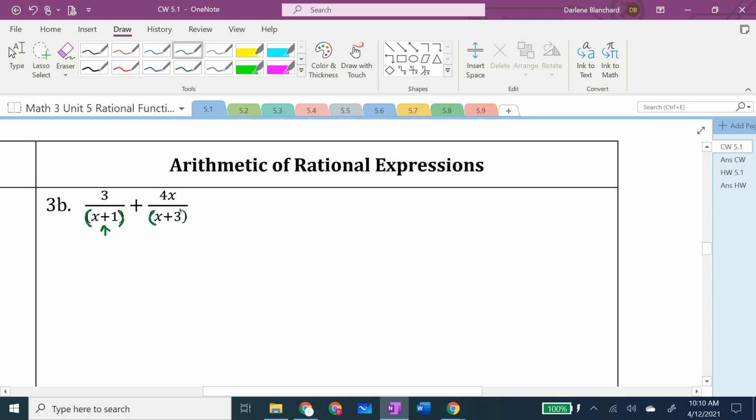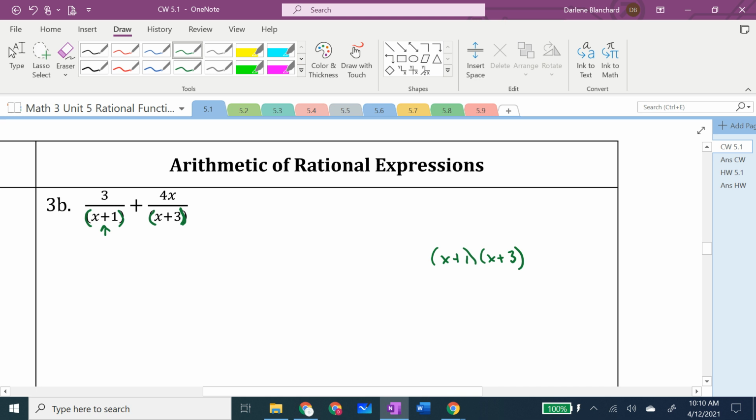X plus 3, don't get to separate that addition either. What you want to see is x plus 1 and x plus 3 are two linears. And you know how you might write two linears together are the factoring that maybe you had done.